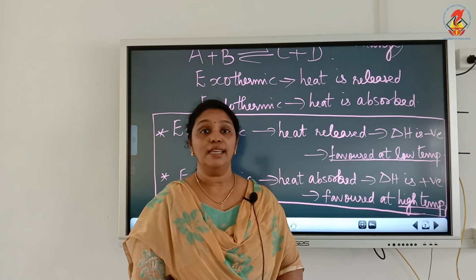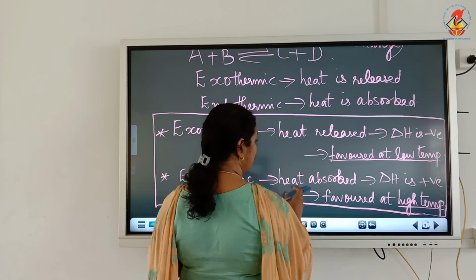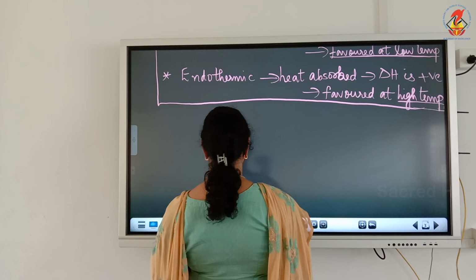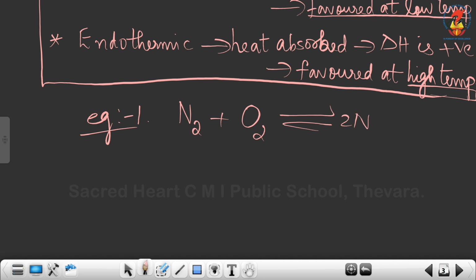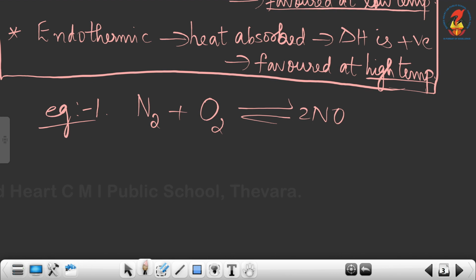Now let us see 2 examples to study the effect of change of temperature. Example 1. Consider the reaction N2 plus O2 in equilibrium gives 2NO, and the delta H value for this reaction is 180 kilojoule per mole.